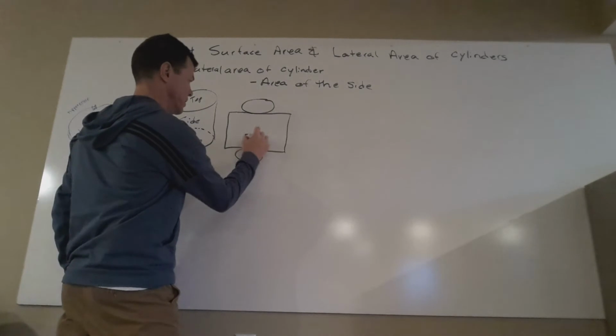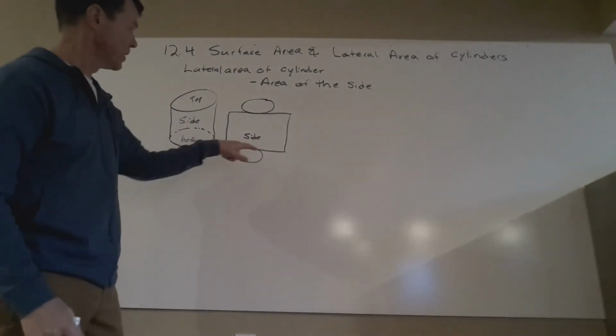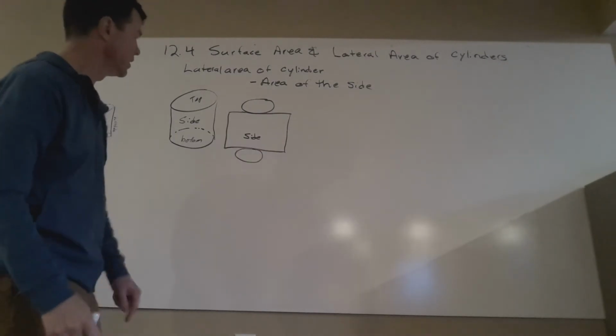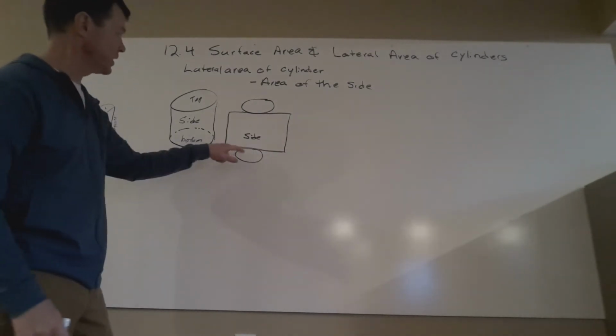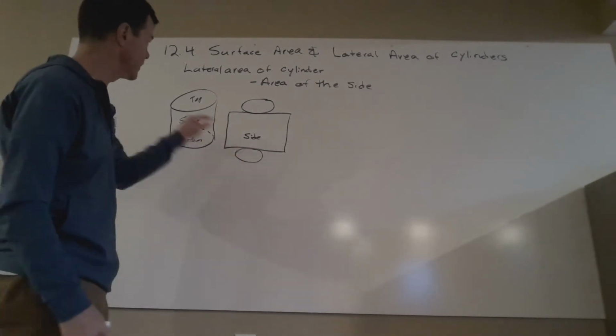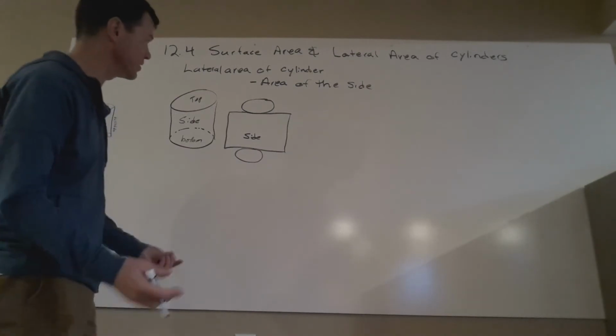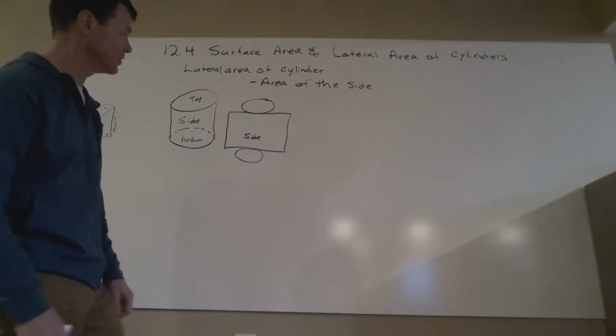All right. And to find the area of the rectangle is basically base times height. And you will see that the base is actually just the circumference of this cylinder, and then the height, of course, is just going to stay the same. The height is going to be the same on those.